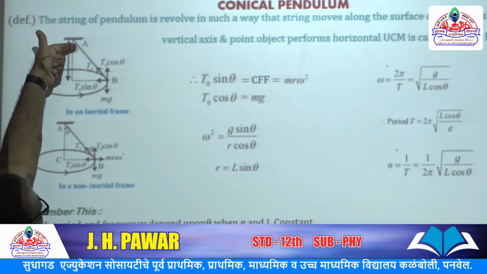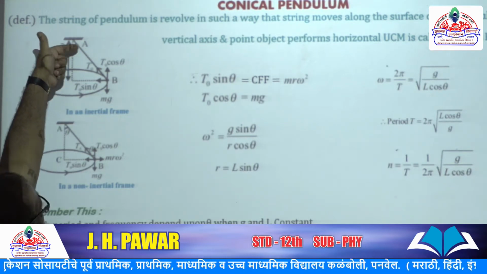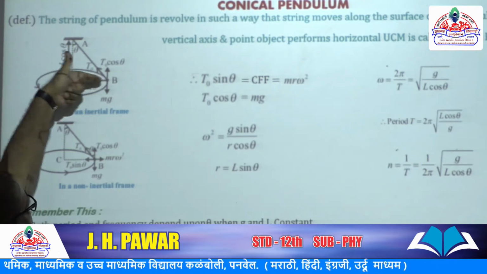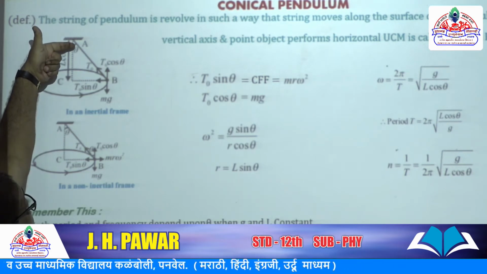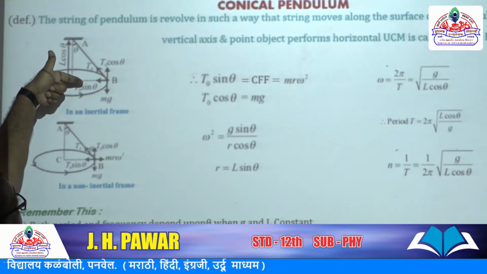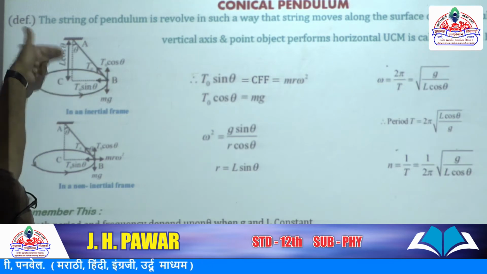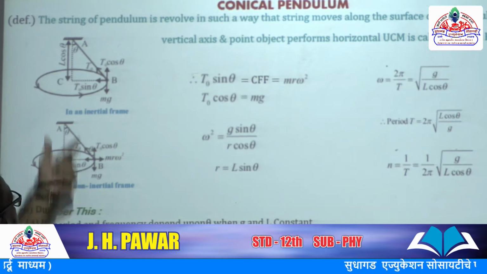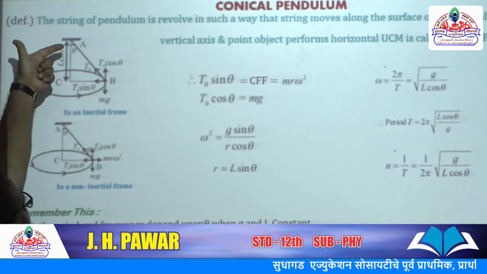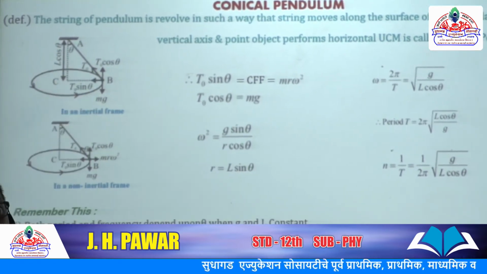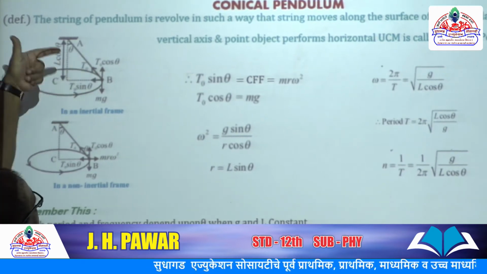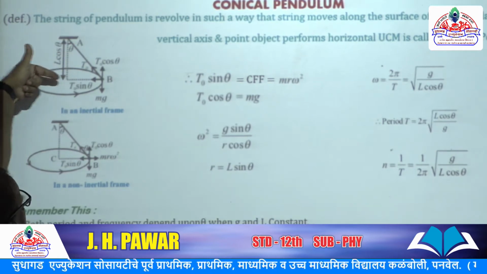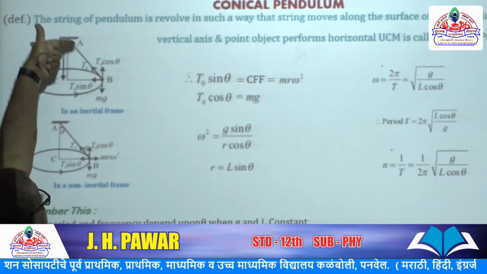In the right angle triangle ABC, sin theta equals opposite upon hypotenuse. The opposite side is the radius of the circular path, r, and the hypotenuse is the length of the pendulum, L. So sin theta equals radius divided by L.